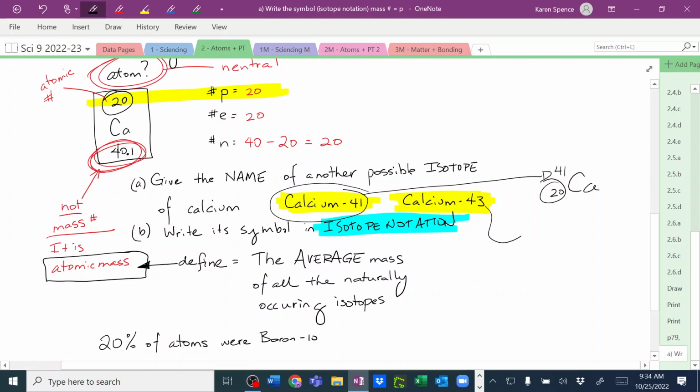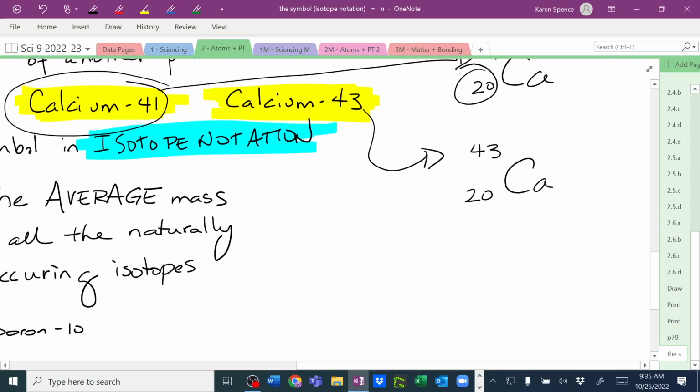Now, what if we wanted to draw the isotope notation for calcium 43? 43 would be at the top, 20 would be at the bottom. How many neutrons are in calcium 43? 43 minus 20 is 23 neutrons.